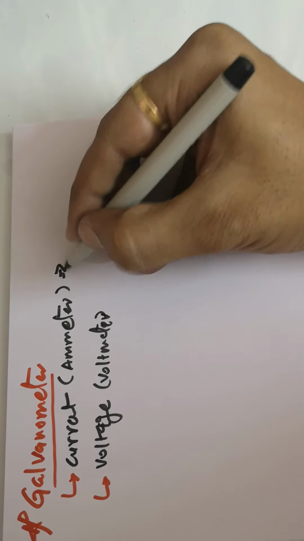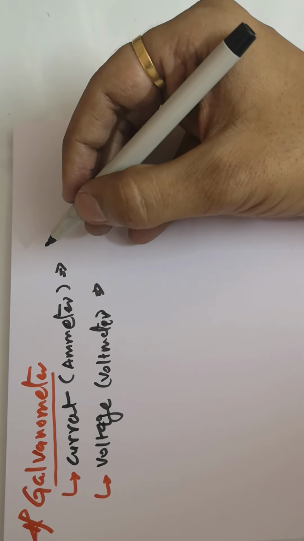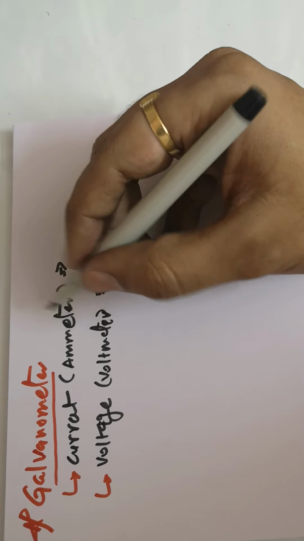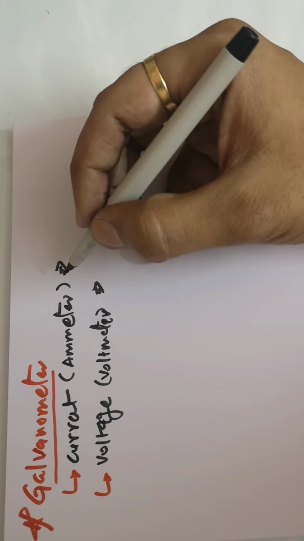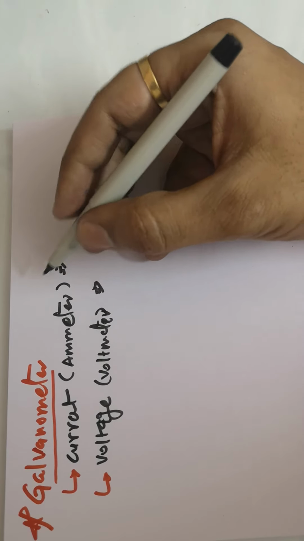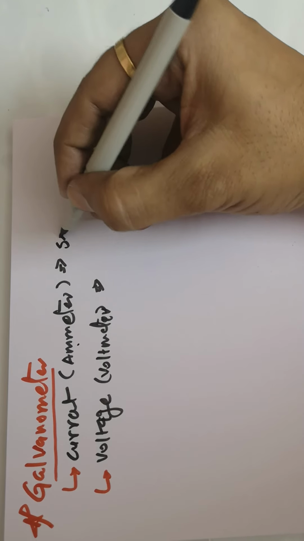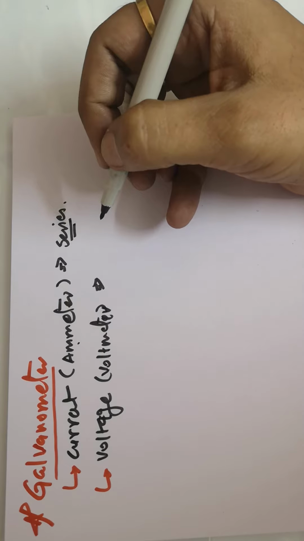A very primitive question in many practical exams is how you connect your ammeter, which is actually a galvanometer used as a current measuring device. Whenever you use an ammeter, always connect it in series with your measuring component or measuring points.